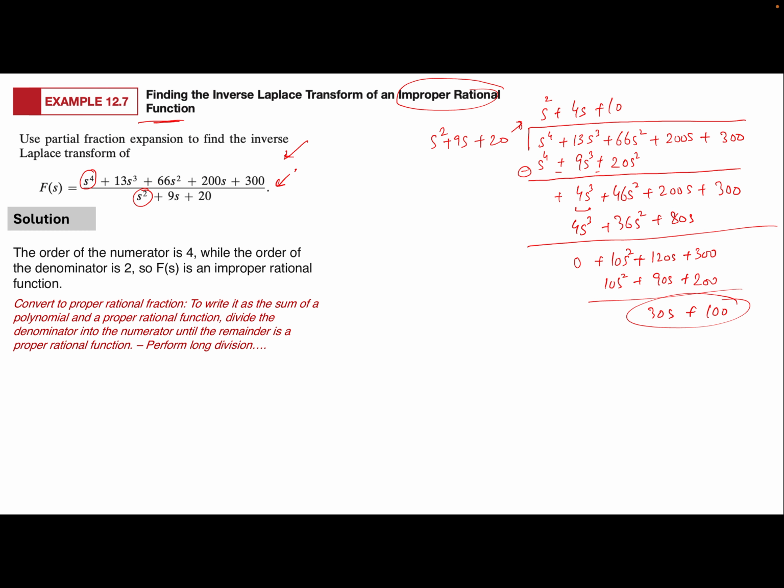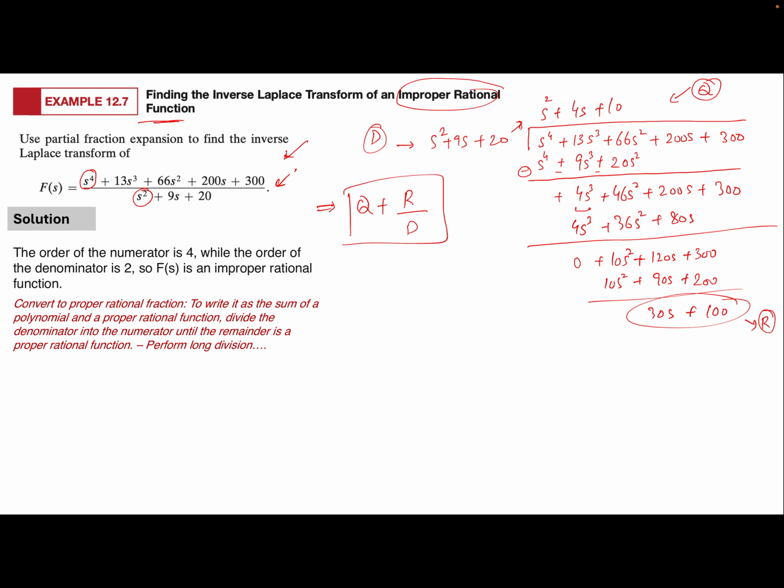Nice. And I know that by doing a long division, I can rewrite this expression as quotient plus remainder over divisor. So this is your quotient, this is your remainder, and this is your divisor. Beautiful.